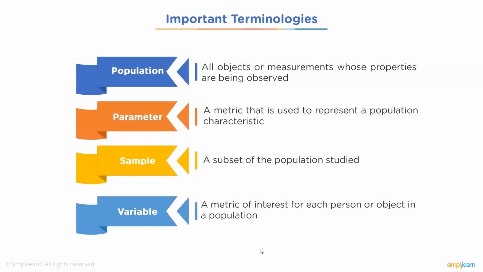You have your sample, a subset of the population studied. You don't want to do them all, because if you come up with a conclusion for everyone, you don't have a way of testing it. So you take a sample. Sometimes you don't have a choice. You can only take a sample of what's going on. You can't study the whole population. And a variable, a metric of interest for each person or object in a population.